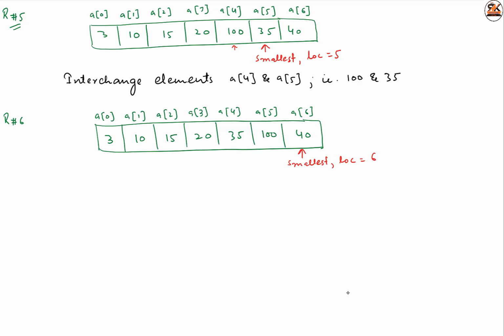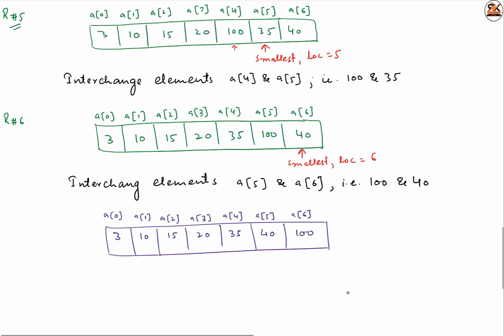So here we have to interchange elements a5 and a6, that is we are interchanging 100 and 40, and after that we get a sorted list as shown below. So this is our sorted list.